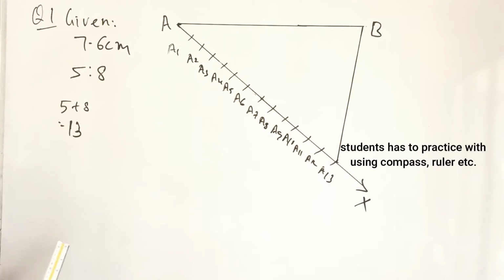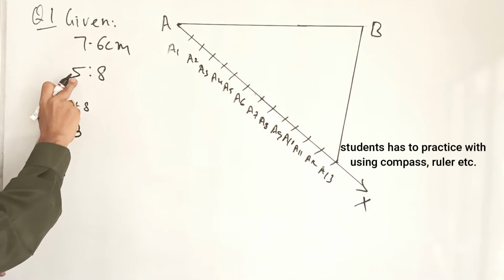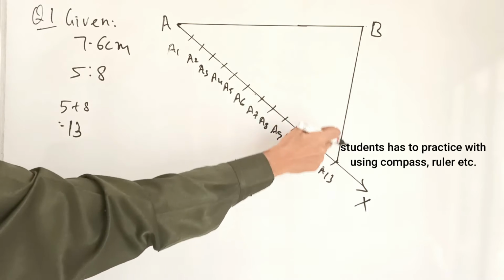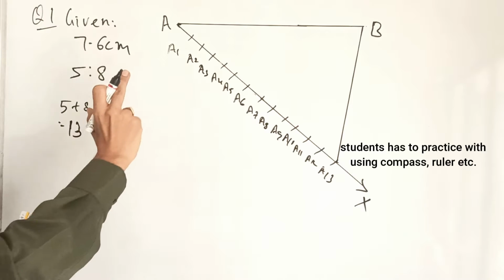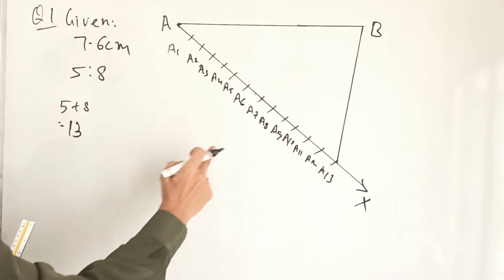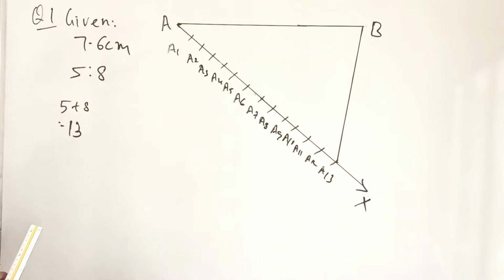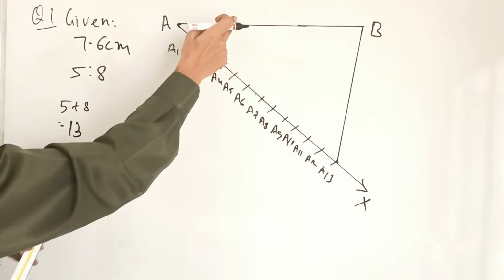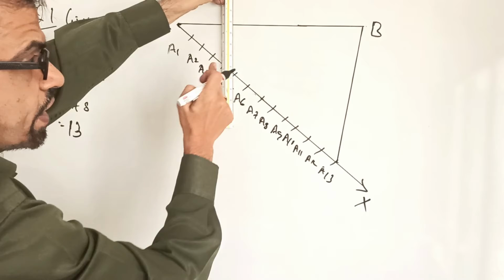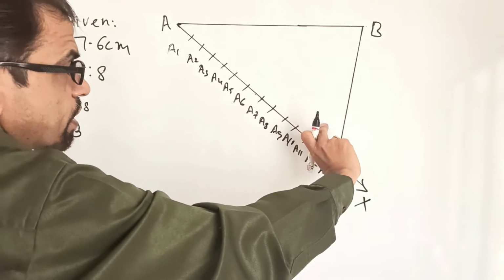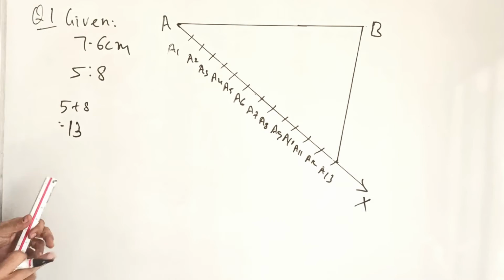Okay student, now we need the fifth. After joining A13 to B, listen, we are not supposed to write these steps; we keep them in mind. We join A13 to B, then the fifth part, but not directly. Listen, not directly. We need to draw the corresponding angle as I discussed in the basic concept.